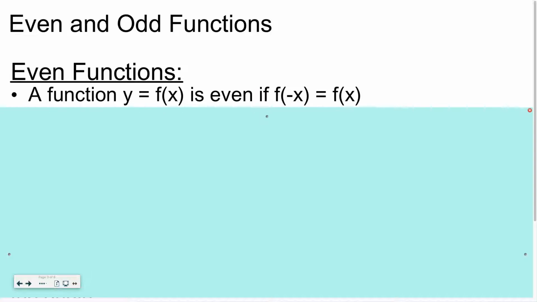If our function values are the same, if x is negative 2 versus x is positive 2, our function values are the same. For x is negative 1, x is positive 1. We're going to create what kind of symmetry? Over the y-axis.